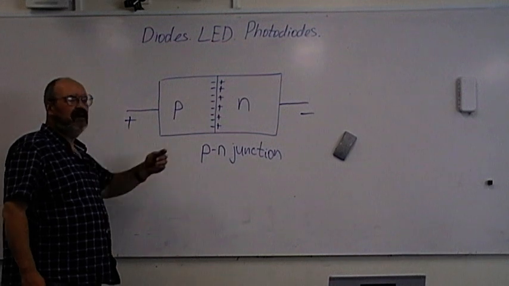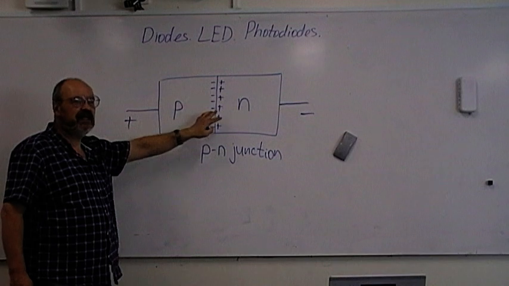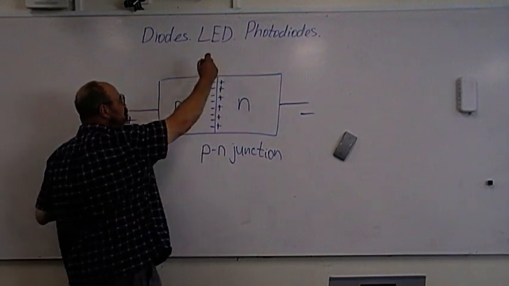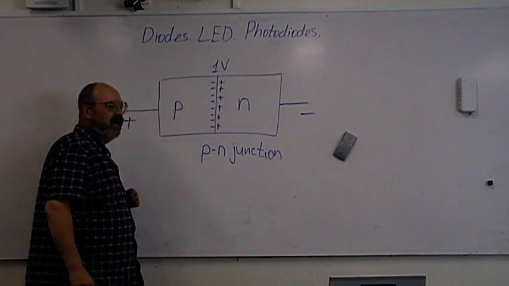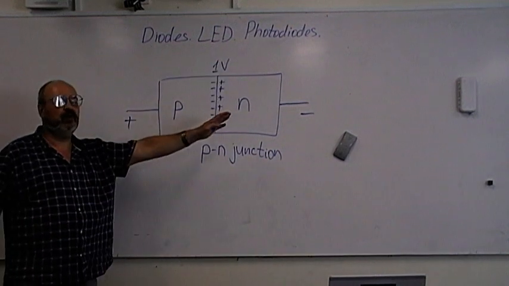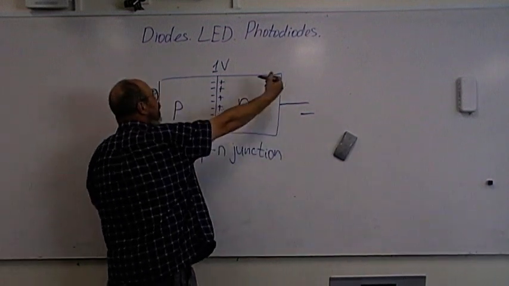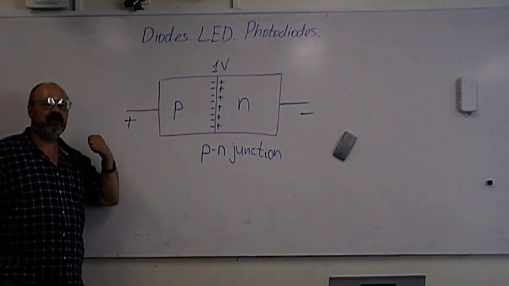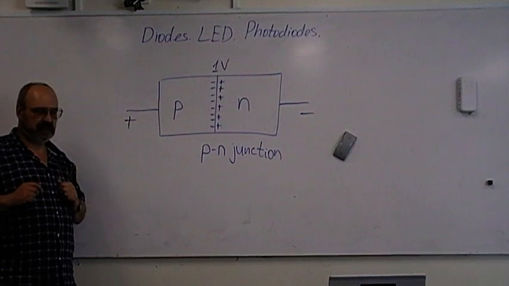There will be some voltage created across this p-n junction, let's say 1 volt, for example. As soon as we apply more than 1 volt from the power source, we will have a bigger voltage in the opposite direction and current will go through. The p-n junction opens.